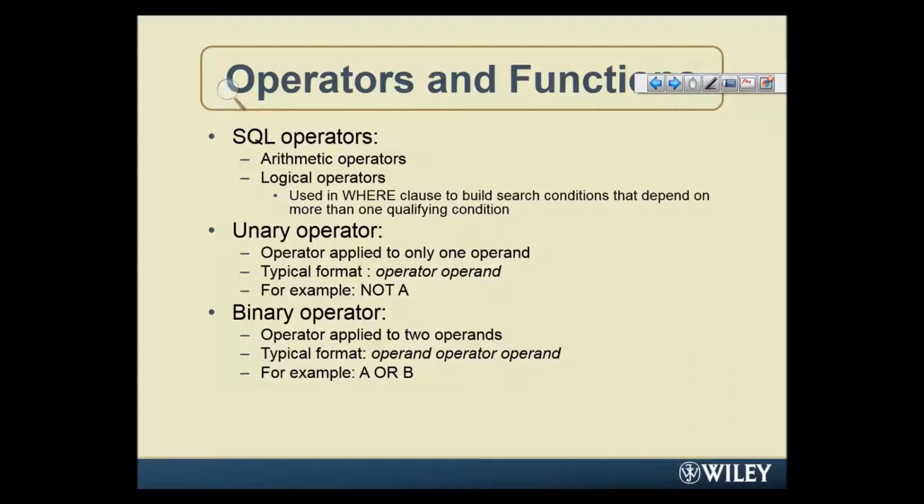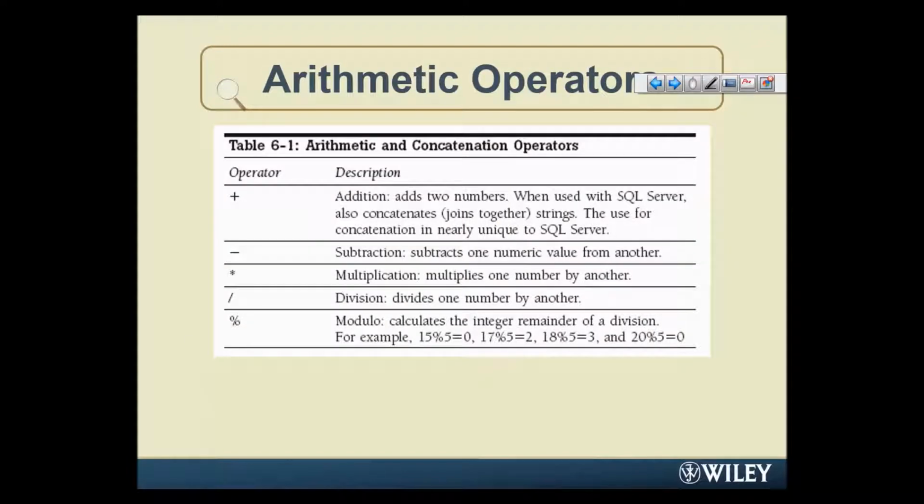So we have one operand here, one operand here. I mean binary operators, because from its name, bi means two. So these are some of the examples that we can see for arithmetic operators: plus, negative, or subtraction, multiplication, division, and percentage.